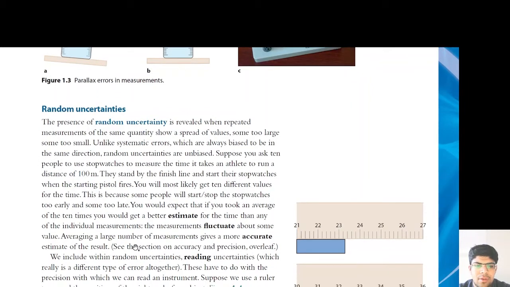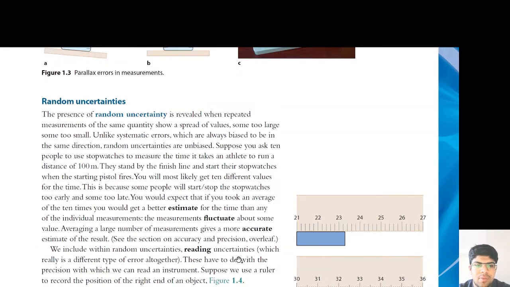See the section on accuracy and precision overleaf. Now we include reading uncertainties along with random uncertainties, which is really a different type of error altogether. These have to do with the precision with which we can read an instrument.